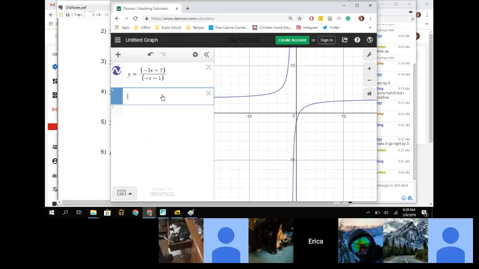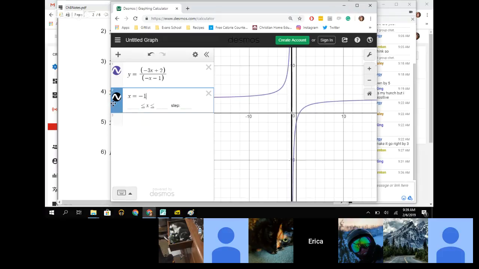If I put in x equals negative 1 here, I get negative negative 1, which is positive 1, minus 1, which equals 0. So actually I have an asymptote of the graph when x equals negative 1.